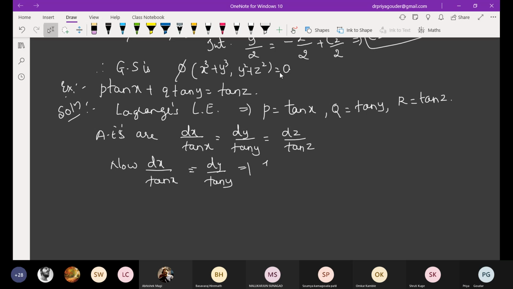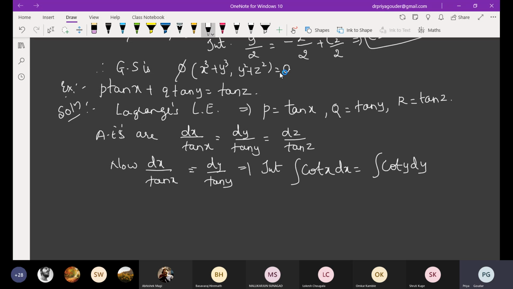Integrate it. So I can write it as integration. 1 by tan, how can we write it? Because 1 by tan, if you want to integrate, it is not like log and all. So what is 1 by tan actually? Cot. Cot x, and this is cot y.